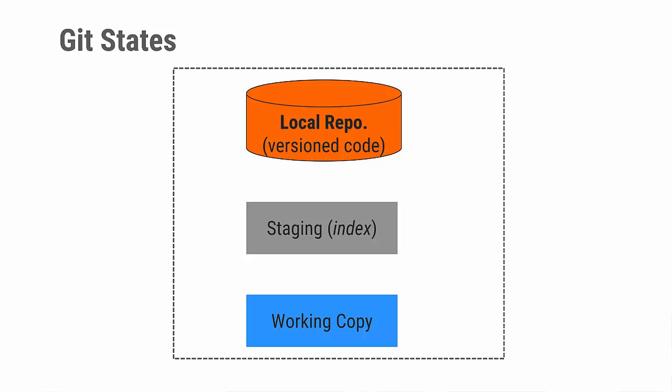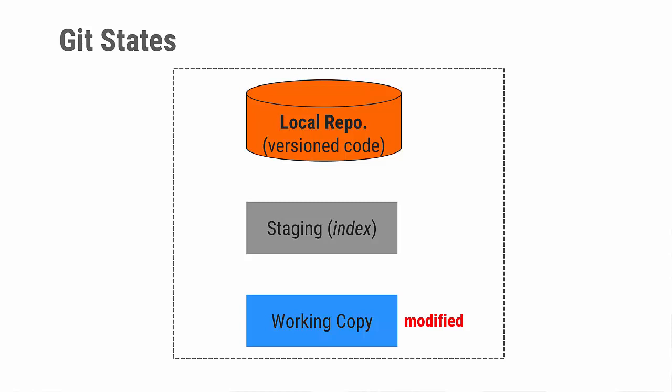So essentially in the working directory or the working copy, you would be making your changes, and so you will have one or more files which have been modified. So we say that the code is in modified state. And you would want to add those files into the staging area. It may be all of those files or it may be a subset of the modified files.